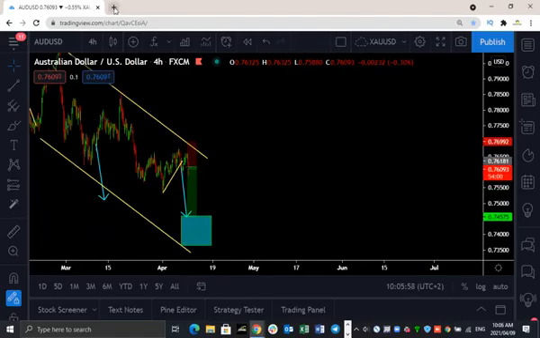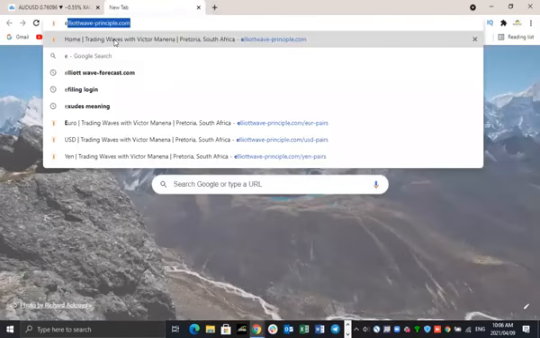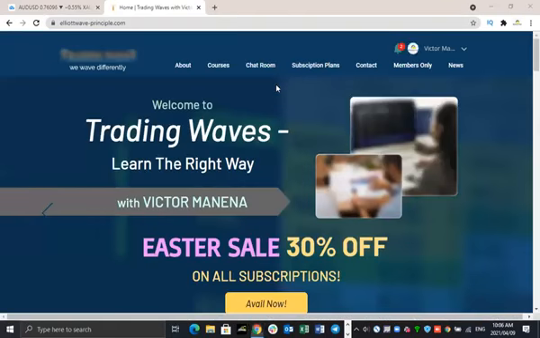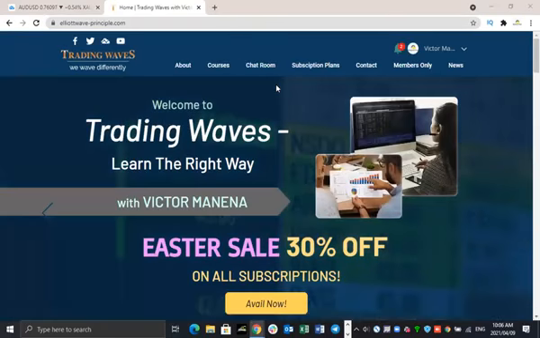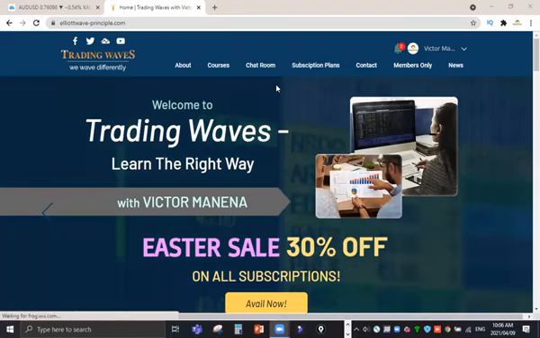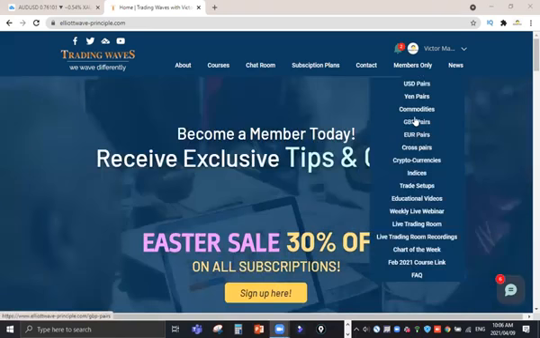Let's look at the structure on the website. Have a look here. Go to members and look at Aussie US dollar.